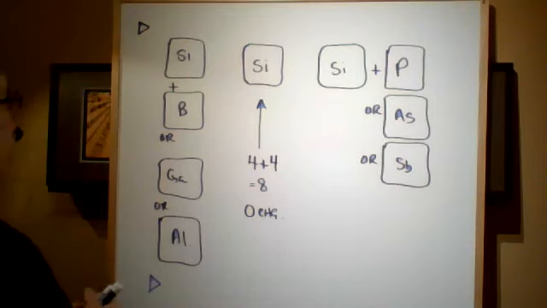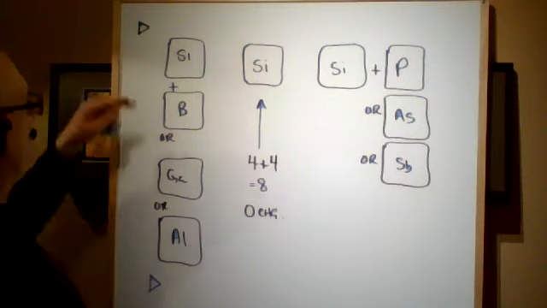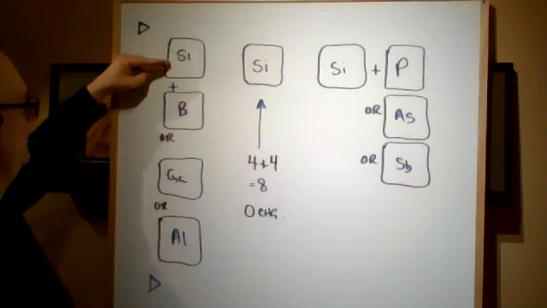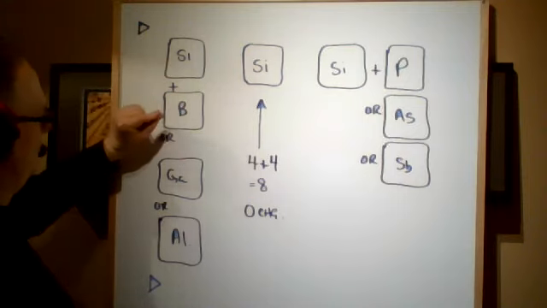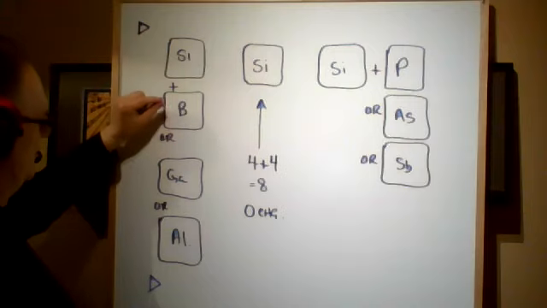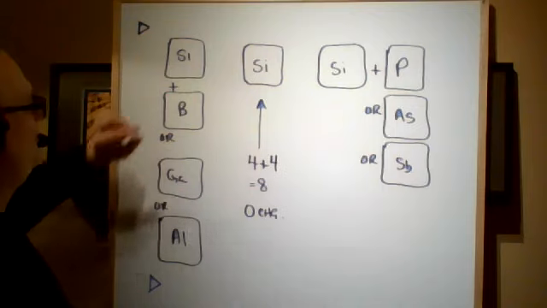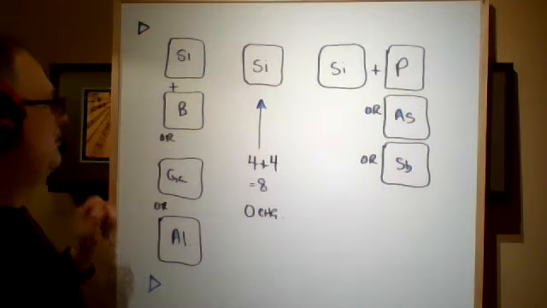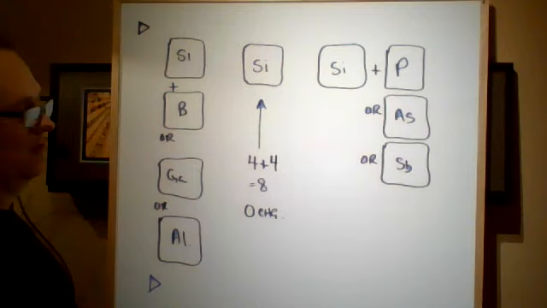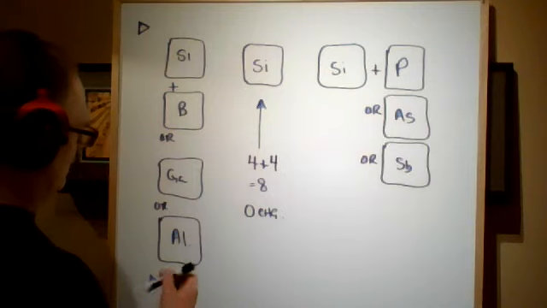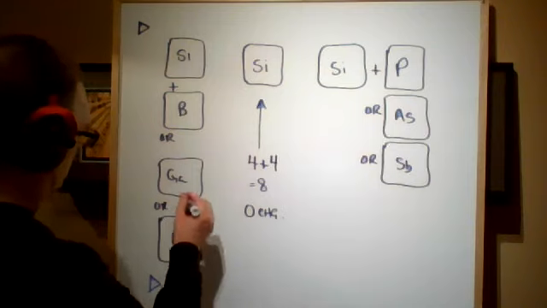Okay. Now, what would happen is if, on this side, we took silicon, and we were to take some small bits of impurity, either boron, gallium, or aluminum, and we were to use any one of these and mix it in and basically place those into the crystal lattice structure, something very interesting would happen.